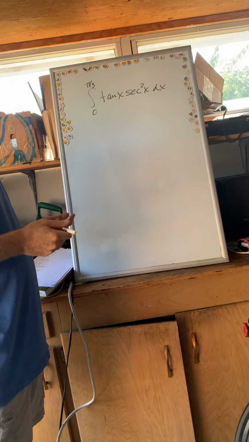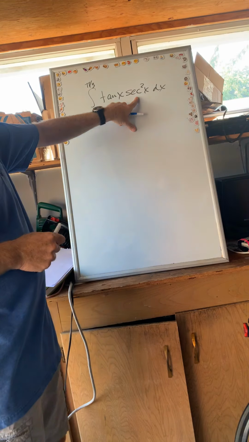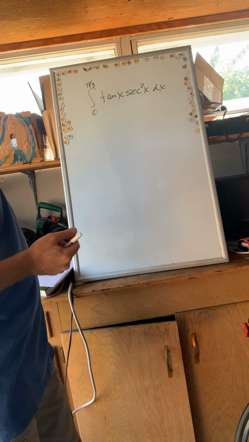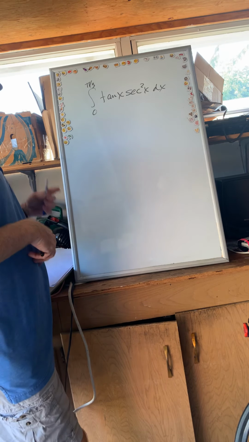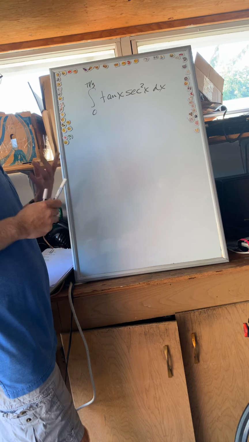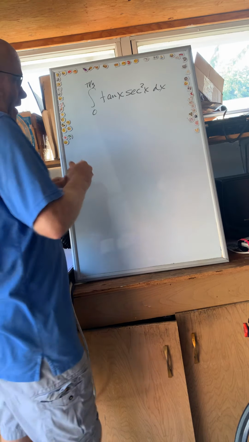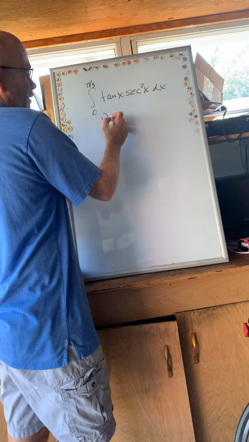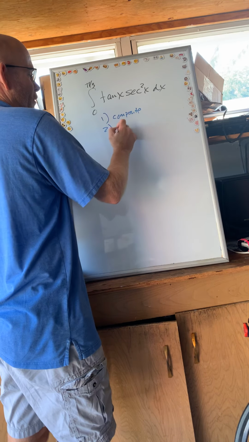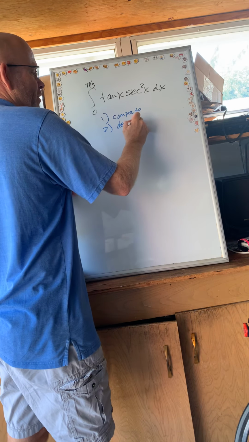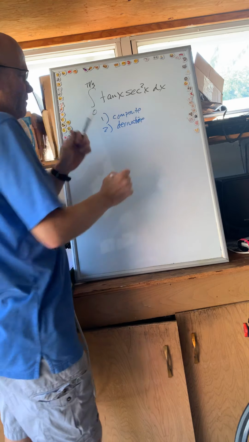This one's a little trickier because there is a composite function, but it looks a little bit different. So again, sometimes you're just going to have to guess. And one thing you want to look for is, thing number 1, look for a composite function. Thing number 2 is look for the derivative of something that's already there.